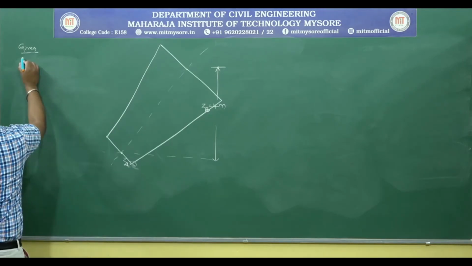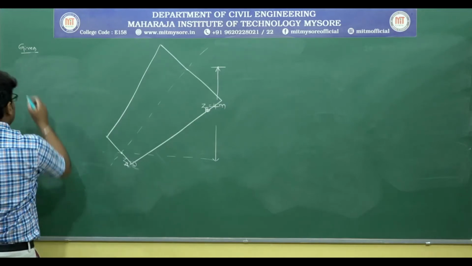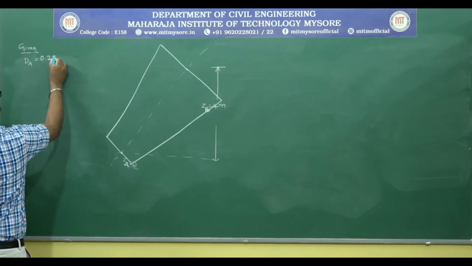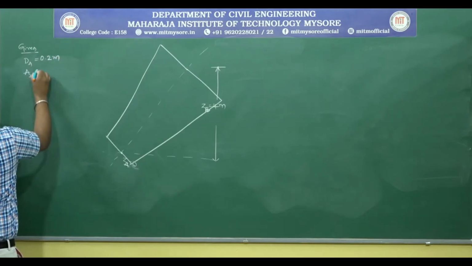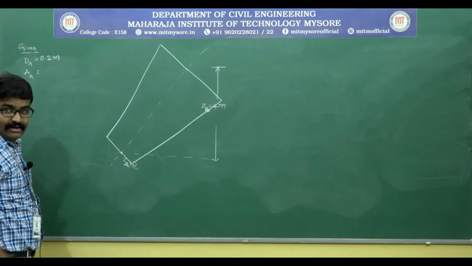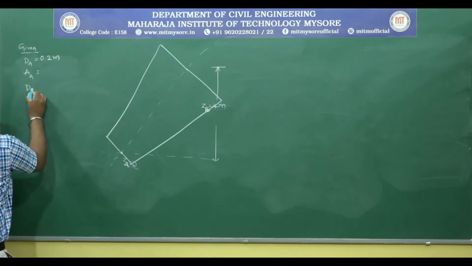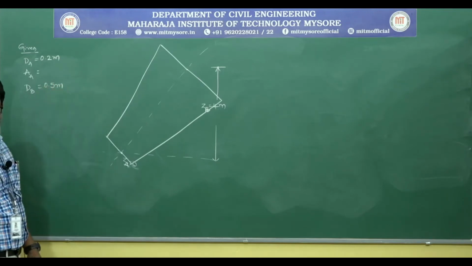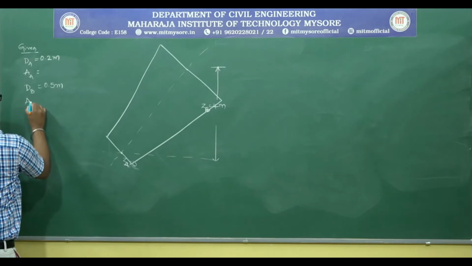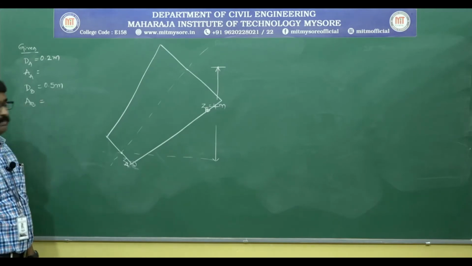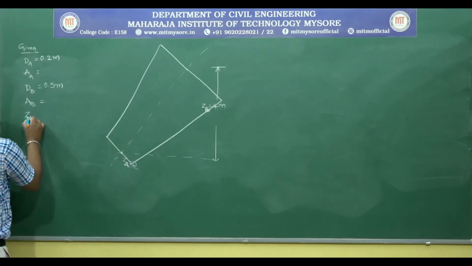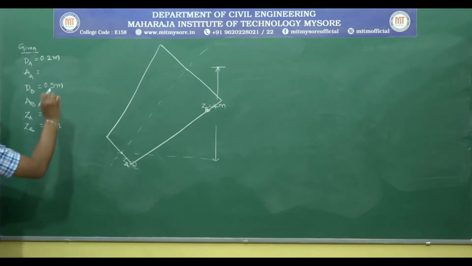So from the given data, what are all the things that are given? Diameter at section A is 200 millimeter, nothing but 0.2 meters, using which you can calculate the area there. Then diameter at section B is 500 millimeters, nothing but 0.5 meters, using which you will calculate the area at section B. And then ZA is equal to 0, ZB is equal to 4 meters.